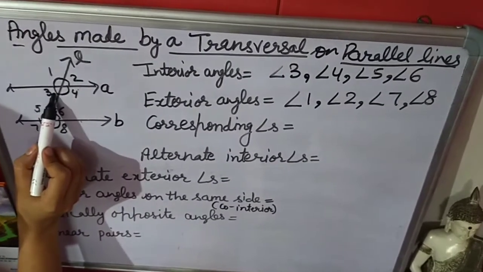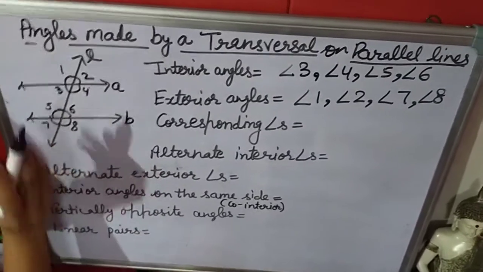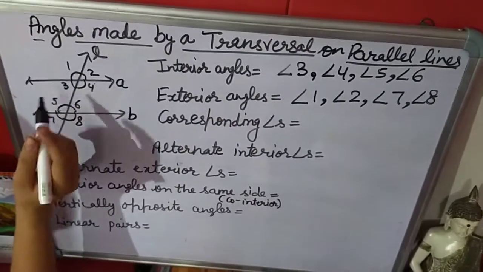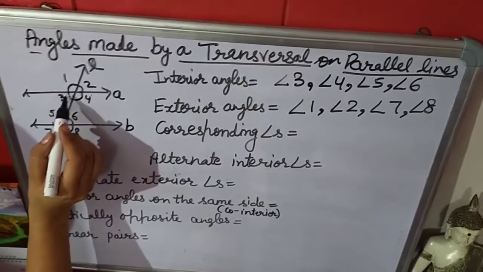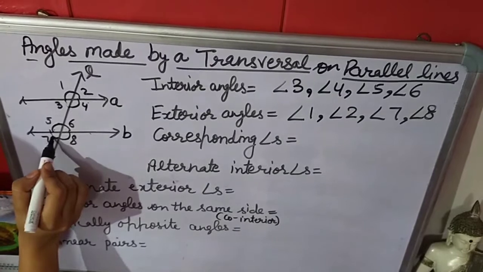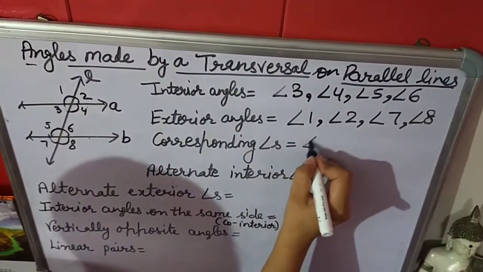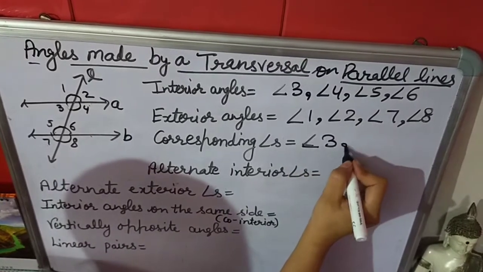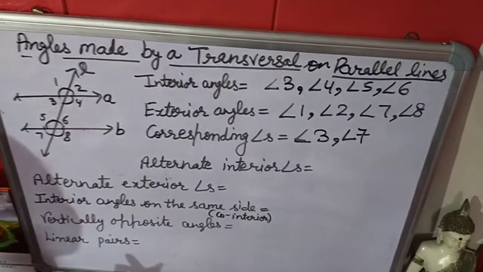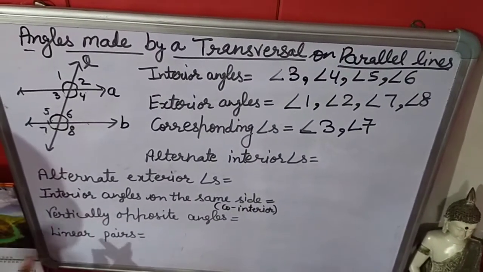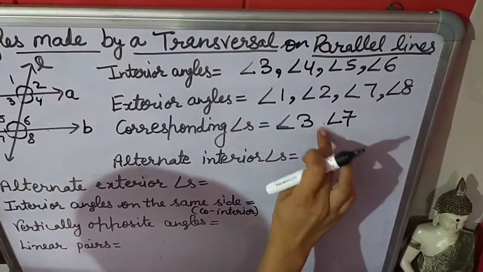Angle 3 is interior and angle 7 is exterior, and both are on the same side of the transversal. So they are corresponding angles. And remember one thing, corresponding angles are always equal. I am writing it here.